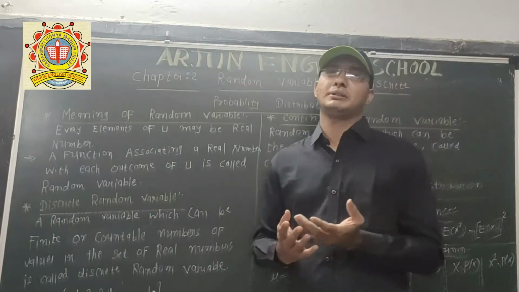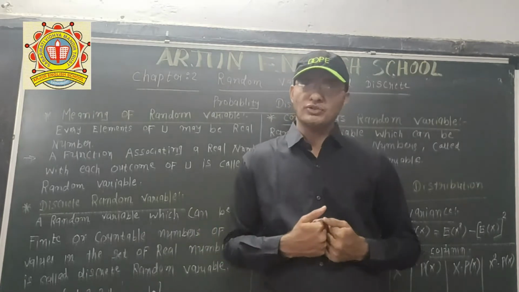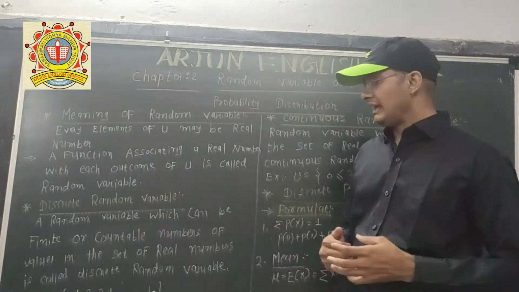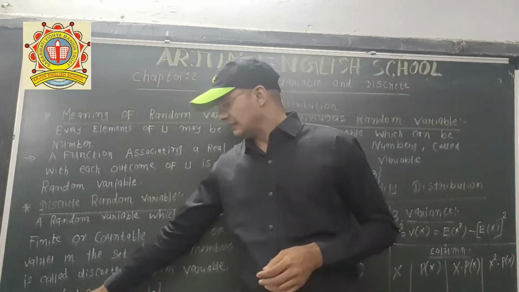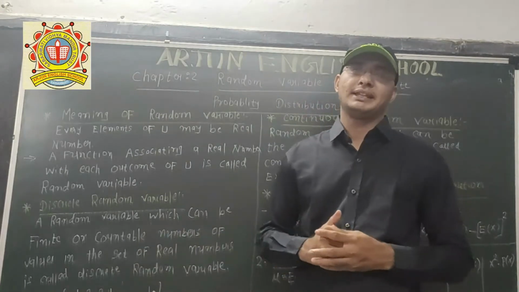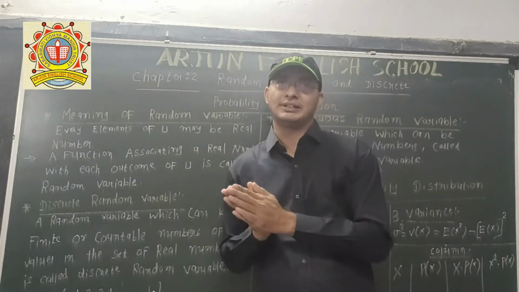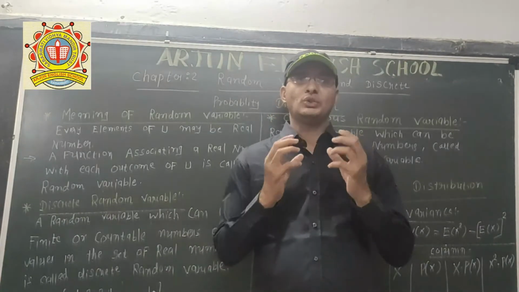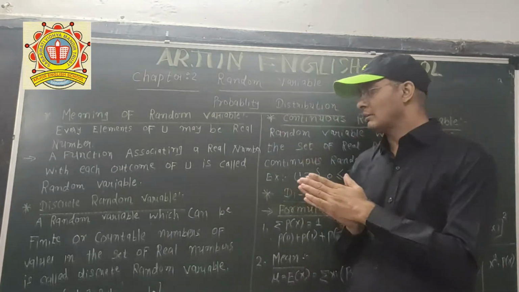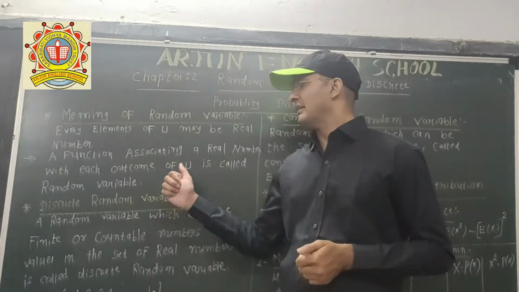It means all the countable numbers, all the possible outcomes that are presented in the function, that is called a discrete random variable. Example, let's say in the universal set there are values from 0 to 10. It means the minimum value is 0 and the maximum value is 10. So we know all the values from 0 to 10 and all the possible outcomes presented in the function, that is called a discrete random variable.